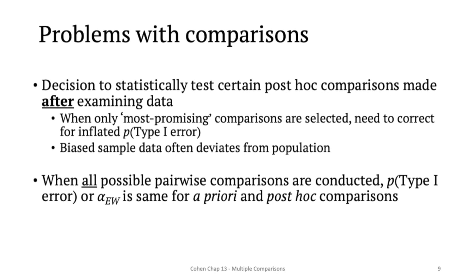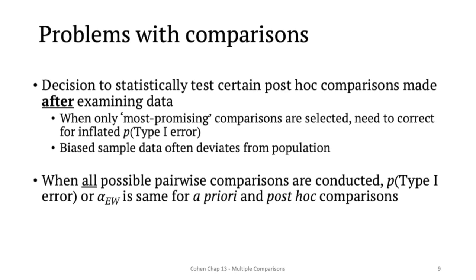And so you kind of have this inception thing going on where the tests are only happening because of previous tests, which are happening only because of previous tests. And so you have this problem of this inflated type 1 error. In the end, though, when all possible pairwise comparisons are conducted, your type 1 error rate is technically the same, whether it's a priori or post hoc.